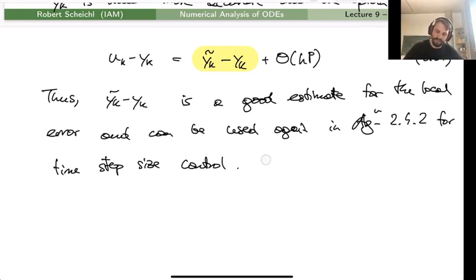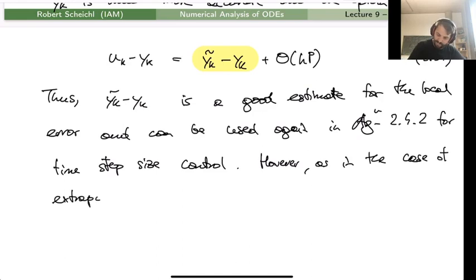However, and this is just to not forget this point, as in the case of extrapolation in the previous subsection, in practice we use again the more accurate method as the initial value for the next step.